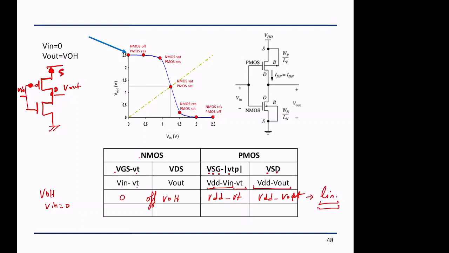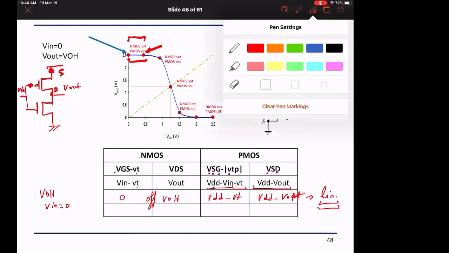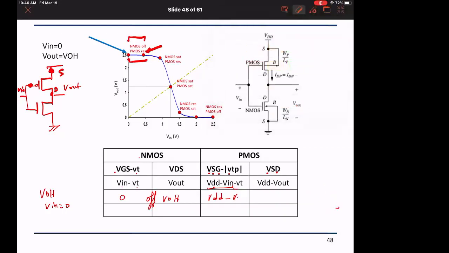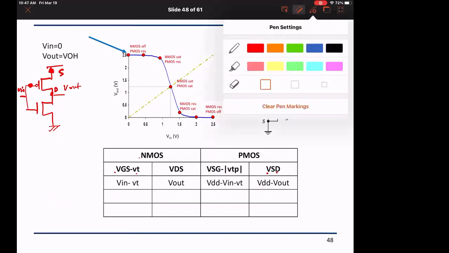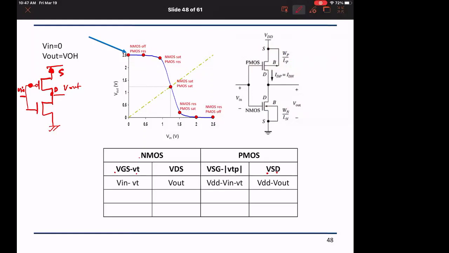So as you see here, they're telling you that the PMOS is in the resistive region and the NMOS is off. Now as I move down in the curve, let us see what would happen. If I move down in the curve, let us say I want to solve for VIL, which is here on the verge of turning on.